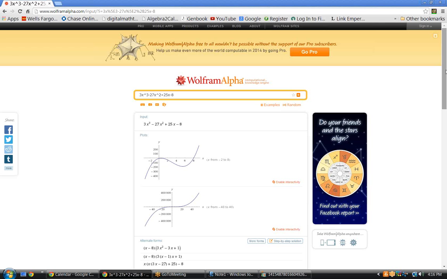Mine shows nothing, meaning my scale is way off, huh? So I have to hit Menu, View, Window.